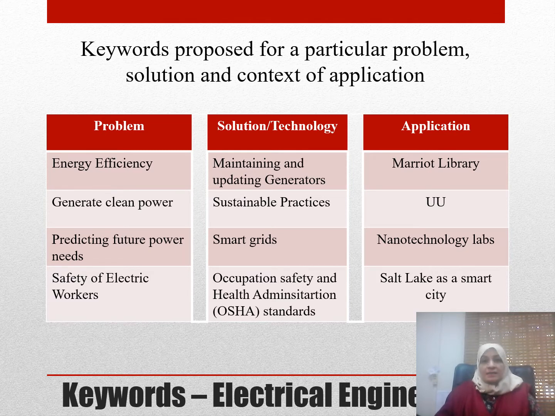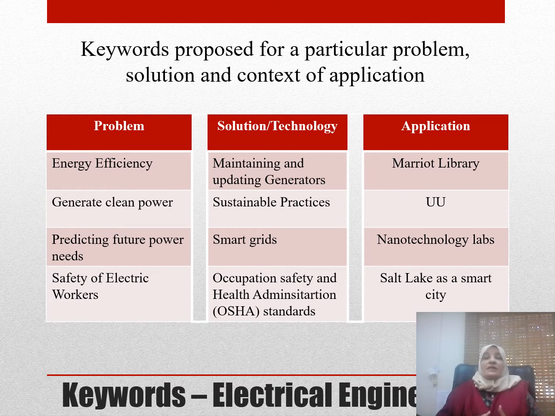Let us understand what we mean by problem, what we mean by solution, what we mean by technology, and what we mean by context of application, with the help of certain examples. Suppose any one of you is trying to solve a problem relevant to energy efficiency. That's a problem that you are intending to solve.